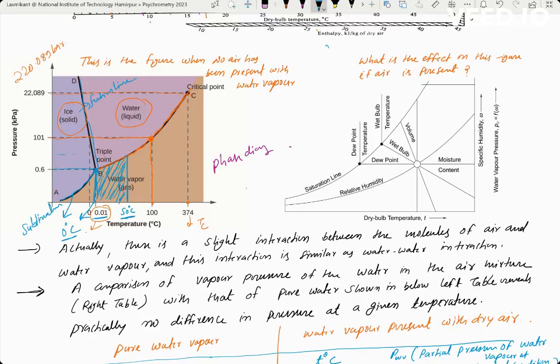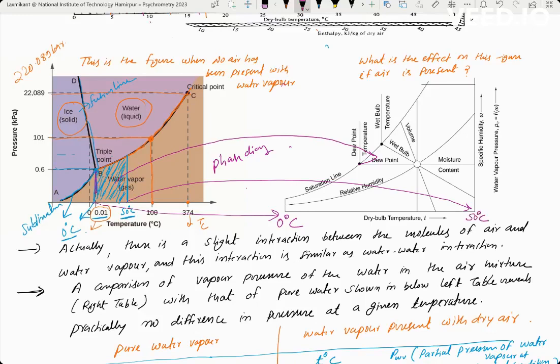If we zoom into this blue region, this part is indicated on the right side of the graph. This is 0 degrees Celsius, and this is 50 degrees Celsius. So we will work between 0 and 50 degrees Celsius.